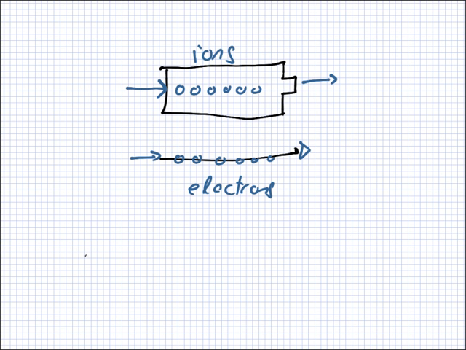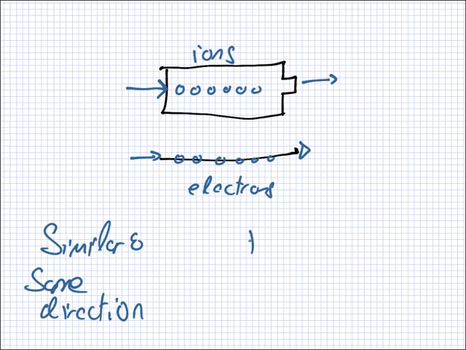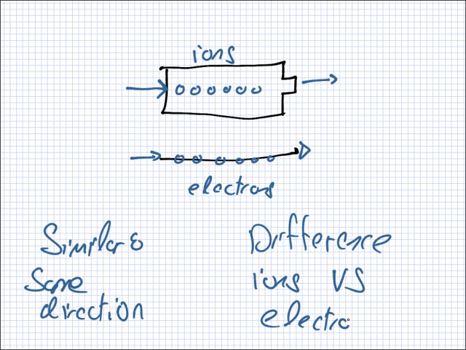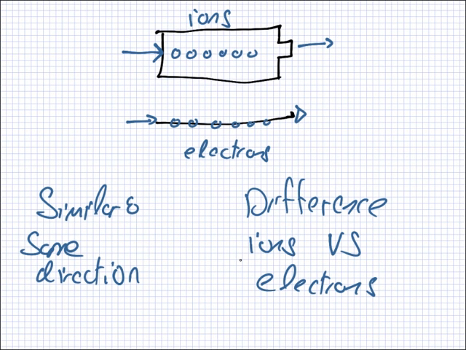Okay. Right, so similar: same direction. Difference: ions versus electrons. Right, there you go. Okay, what's next? What does it say? Net or bulk movement of charge over time. For what? Similar? Say again?